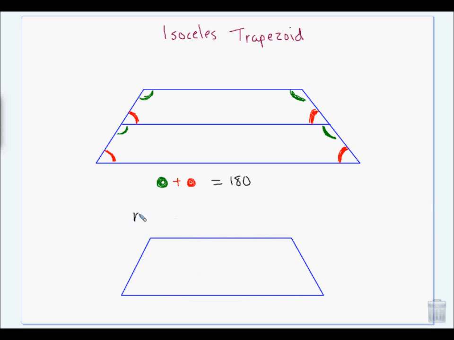Now if it's not isosceles, apparently shape recognition doesn't work with letters. If it's not isosceles, these angles are congruent to each other, but they're not congruent to these other angles.